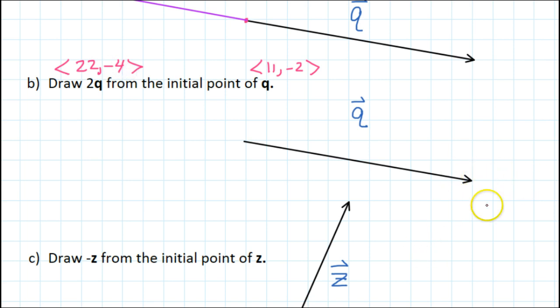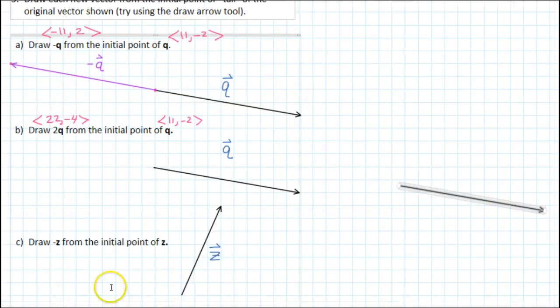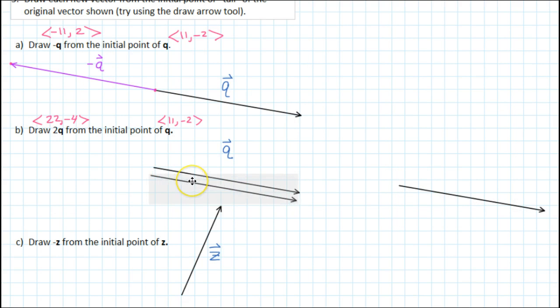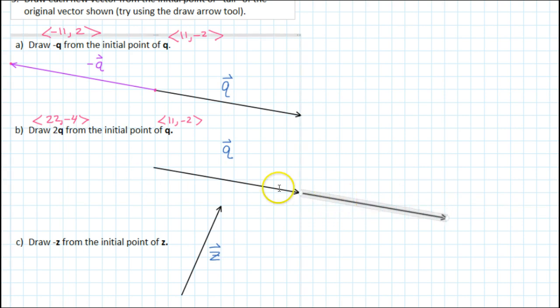I'm going to need more space for this, so I might have to zoom out. Here, I've also cut and pasted a copy of vector q to show you that if I put two of them end to end, then that's going to be the same as 2q.